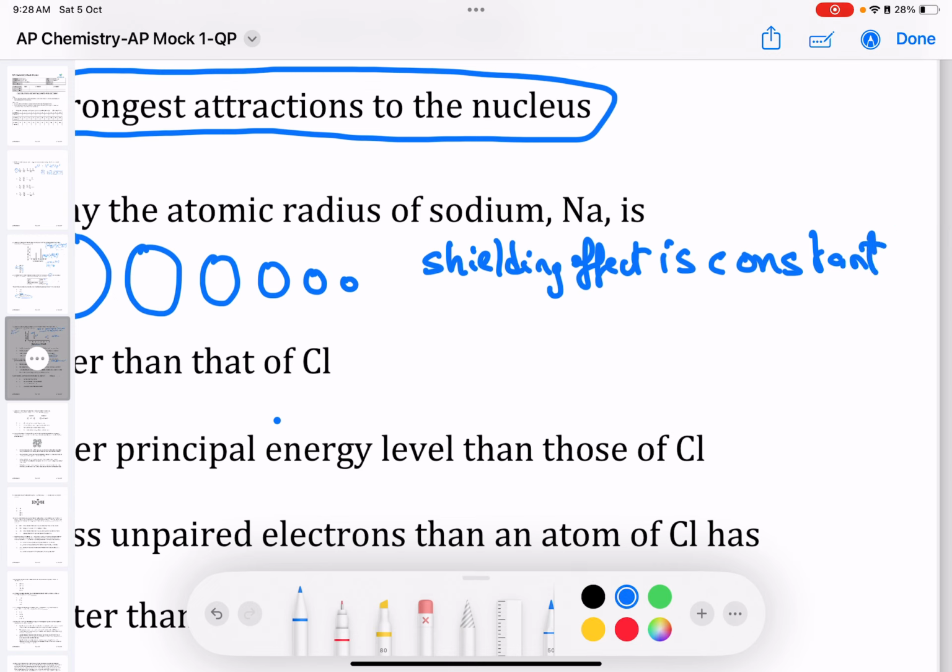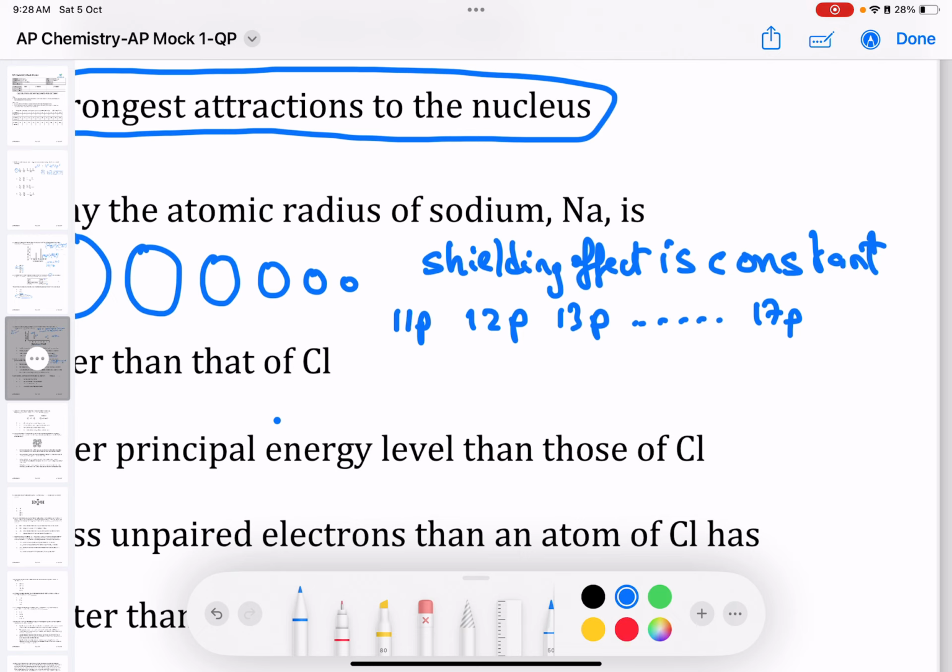but across a period, the number of protons, the effective nuclear charge of the nucleus, is increasing. Sodium contains 11 protons, magnesium contains 12 protons, aluminium 13, and so on until we reach chlorine with 17 protons.